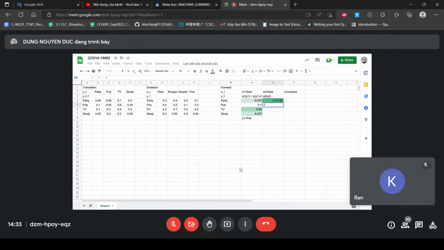Okay, let me have another one. So this is the observation of tired given you are in the pub, multiplied with this one, multiplied with the transition from party to pub, which is the second column you are seeing here, right? Let's do it a little bit quicker than normal. Okay, there we go.